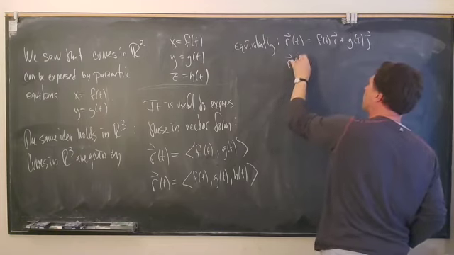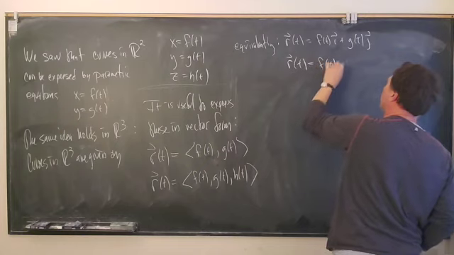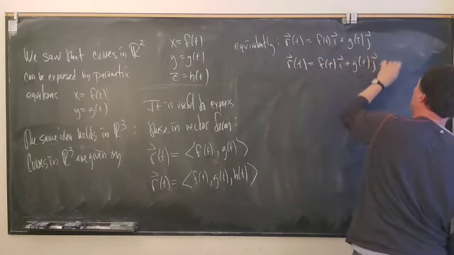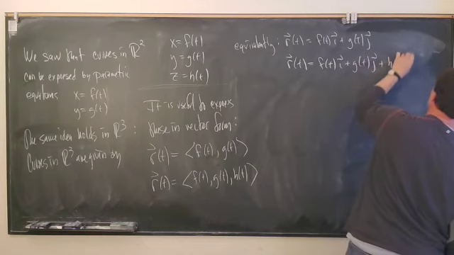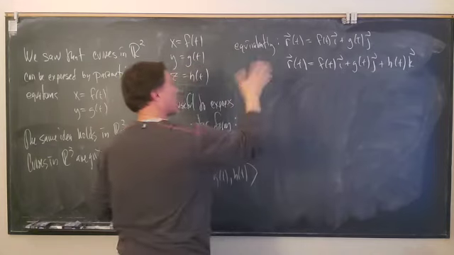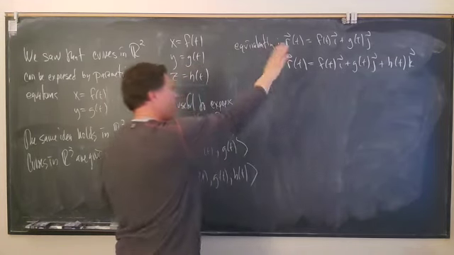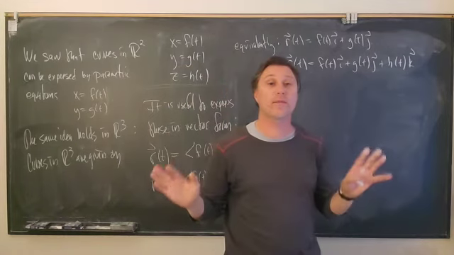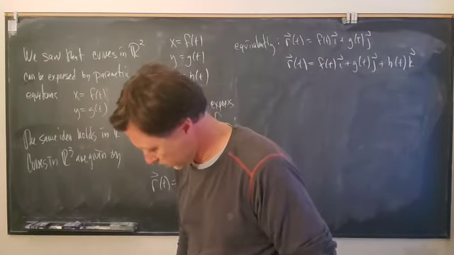In the three-dimensional version, it would be f of t i plus g of t j plus h of t times k. So once again, you should be able to go back and forth between the vector form using the IJKs, the angle brackets, and the parametric form. They all give the same exact information.